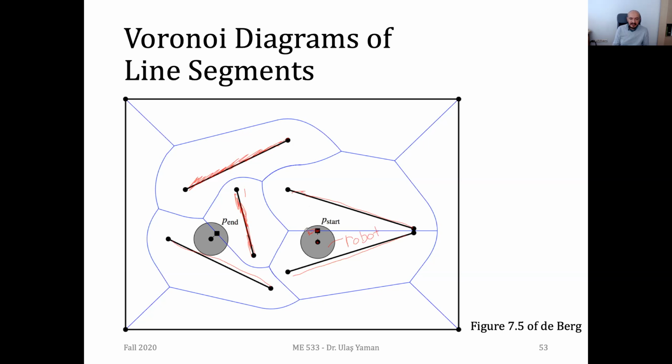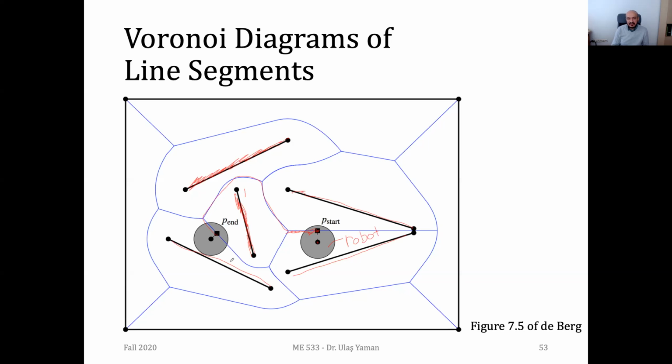Once it's done, it can do a depth first search and try to go to the end point. This part is a bit thinner, so it cannot pass through it. I think the best way is to follow this one and then to the left and reach the end point.